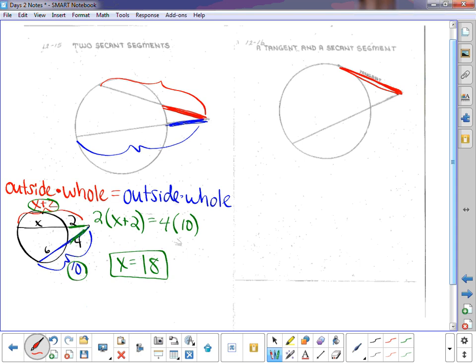So the outside piece is this whole tangent. Are you guys okay if I call it tangent? Okay. So it's outside times whole. What's the whole piece? The same thing. The whole segment is just tangent. So we would have tangent times tangent. What is tangent times tangent? How else could I rewrite it? Tangent squared.